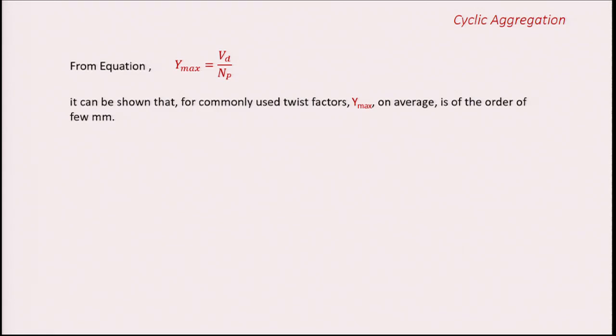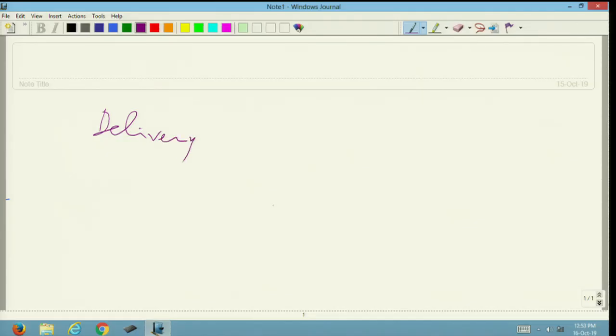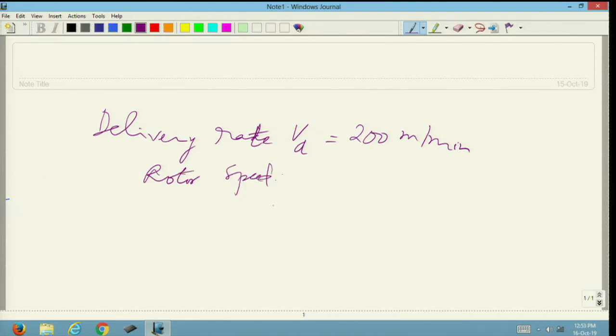Say, for example, the delivery rate, V sub d, let us say typically 200 meters per minute. Rotor speed, let me take 1,20,000.